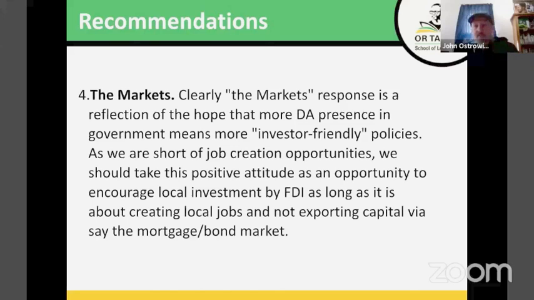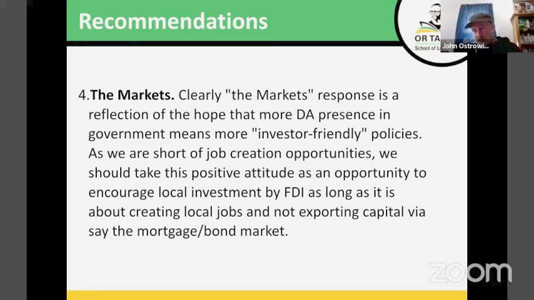On the question of the markets, it's clearly a response that Wall Street and similar think that a greater presence of the DA, in other words white politicians, in government would mean a more investor-friendly policy of our government.